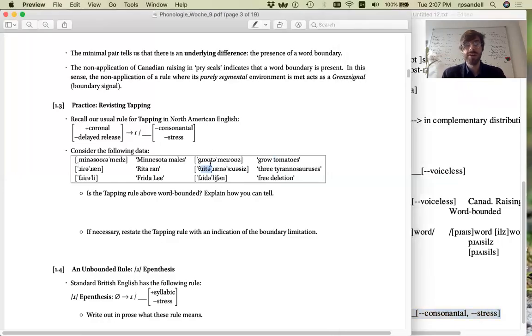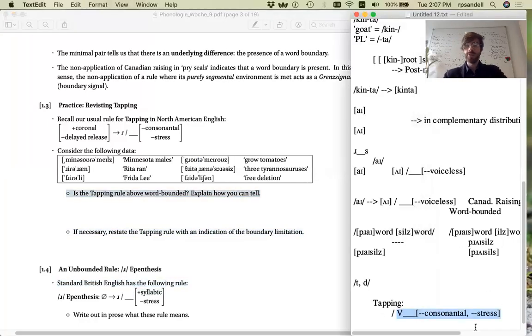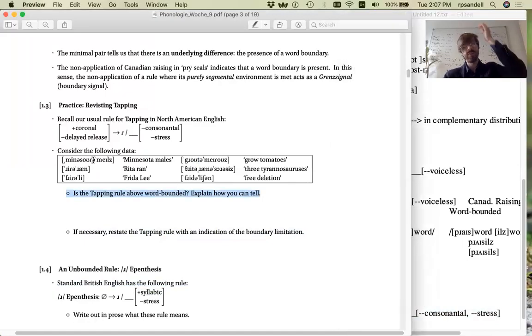But we can see in all three of these examples that tapping doesn't apply. These remain as stops: grow tomatoes, three tyrannosauruses, and free deletion. It's not possible to say them with a tap; it's difficult to apply there. So this indicates to us that tapping, as far as these examples show, only applies within the boundary of a phonological word.